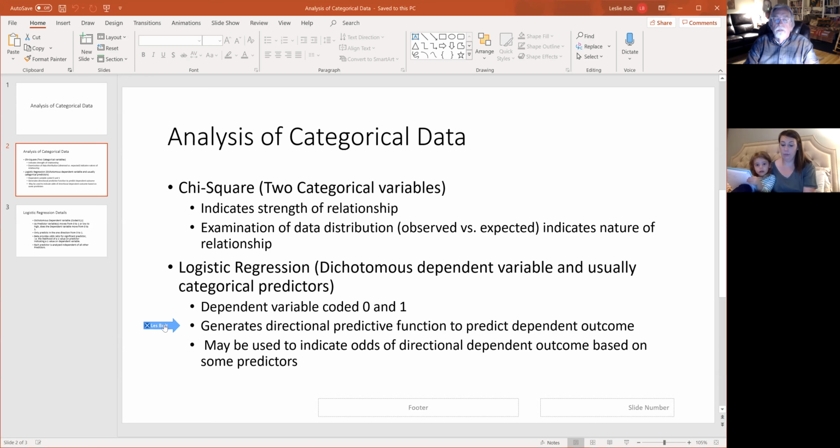And one of the things that it generates is something called an odds ratio, which allows us to say what's the likelihood of someone being in a particular group. For example, I just had a dissertation finish, and he used logistic regression.